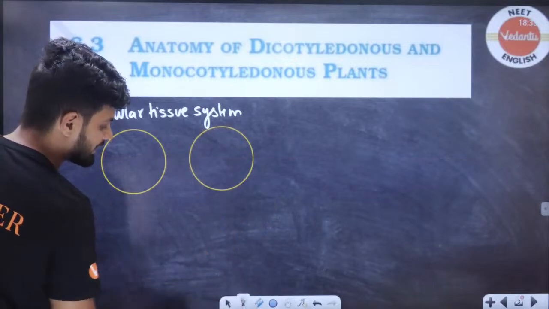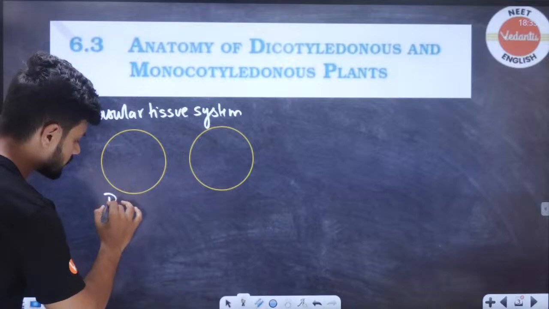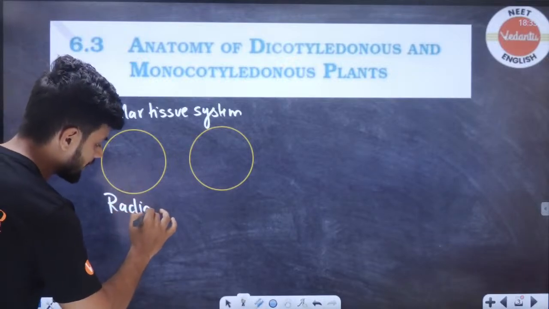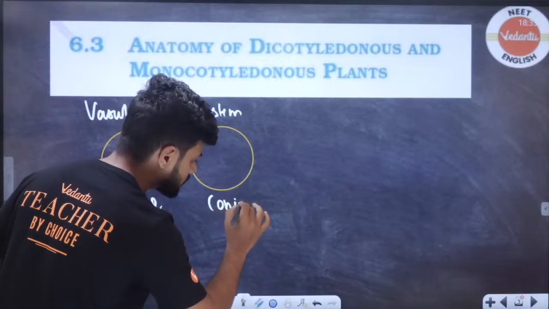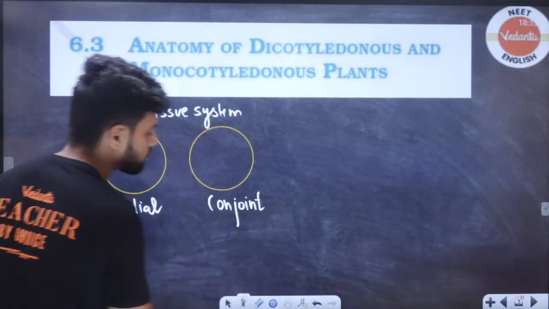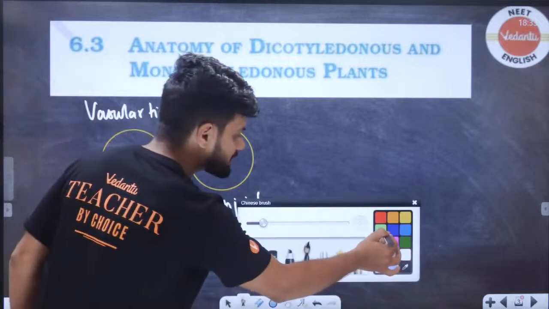Now, there are two main categories here. One is called radial, and the other is called conjoint. What exactly happens in the case of radial?